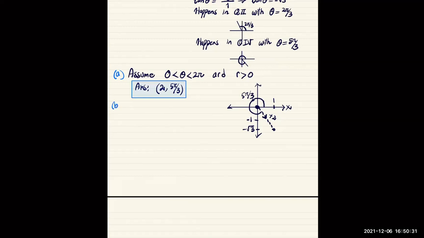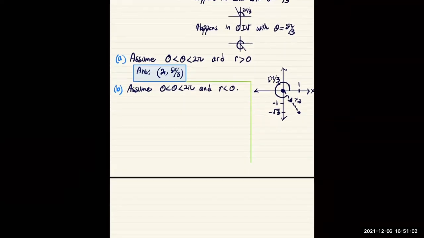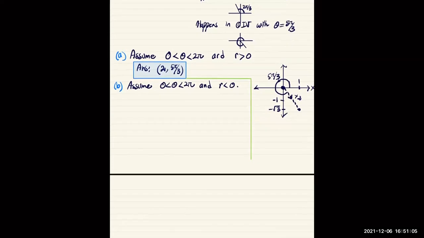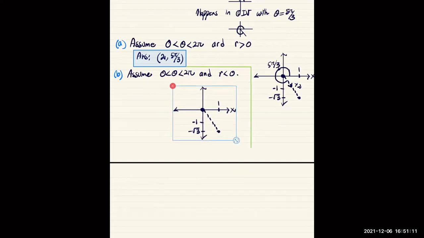For part B, we're going to again assume theta is between 0 and 2 pi, and R is negative. So we want to choose a negative r, and here is a drawing.